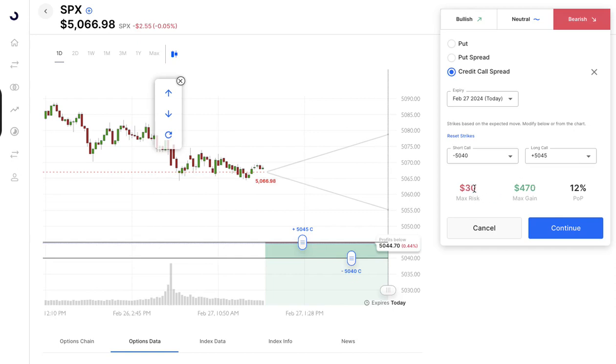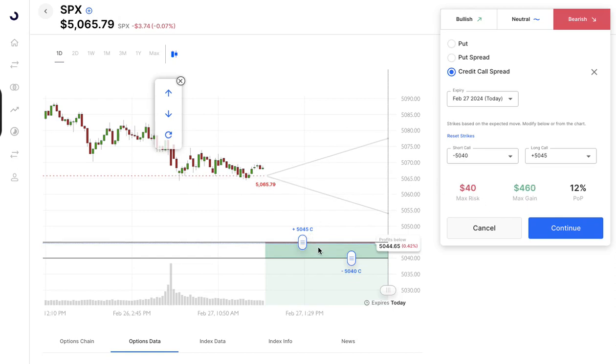So let's say you originally sold it at $50 as part of an Iron Condor that was $100. You would be taking the profits on that credit put spread synthetically. You would be taking about $20 in profit. You would be paying $30, and your risk would be closed for the day to the downside on that credit put spread at this current price.